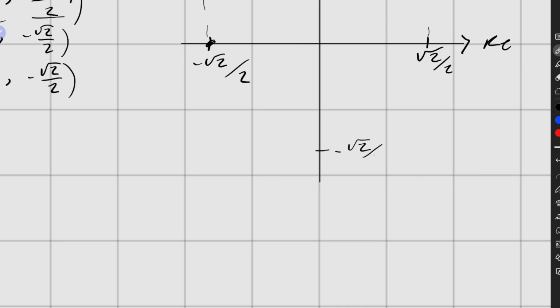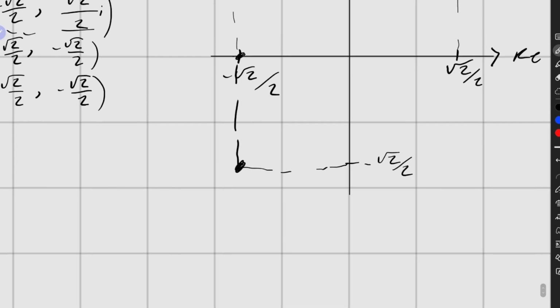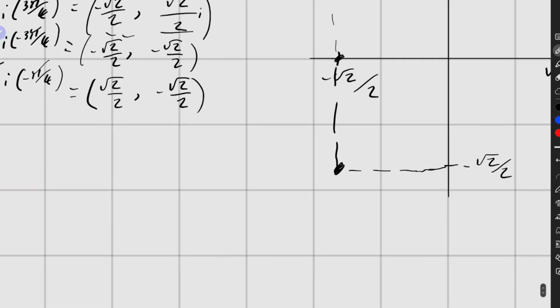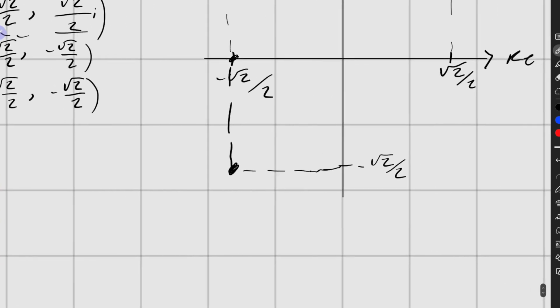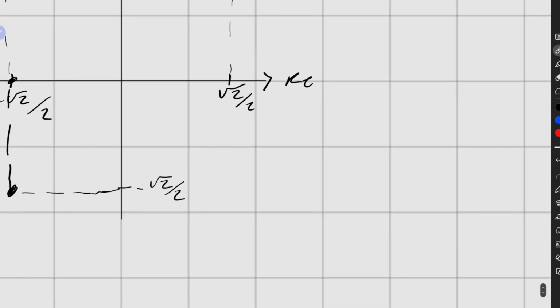Alright, guys, so let's plot that. Sorry, that's not great. Try and do that better. Get a point here. Alright, so our last point is positive root 2 on 2 and then negative root 2 on 2 for your y component, which is going to mean our last point is going to be there.